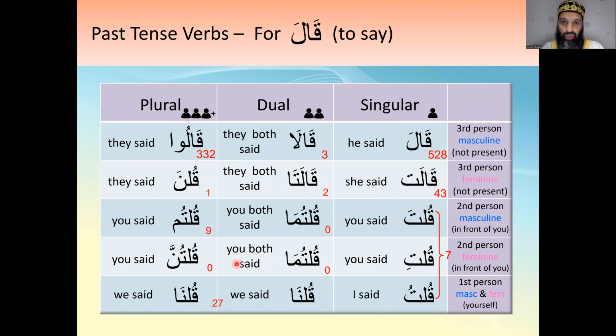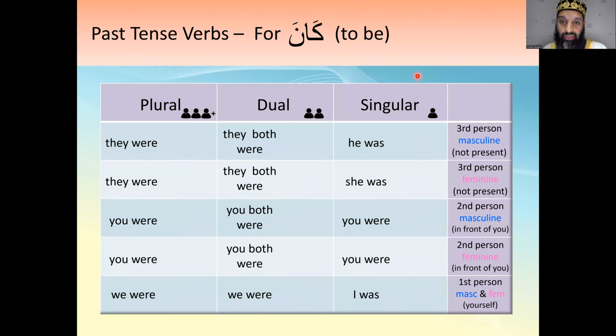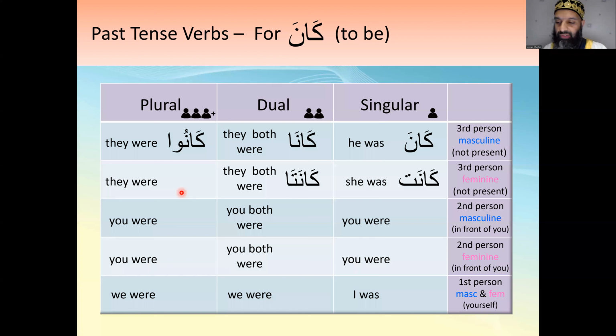The reason why the book chose qala to show you the table is because qala comes in the Quran a lot. The book also covered the word kana. So let's just do kana, kana, kana, kanu, kanat, kanata, kanana. What is it going to be? Kanana, struggling, right?